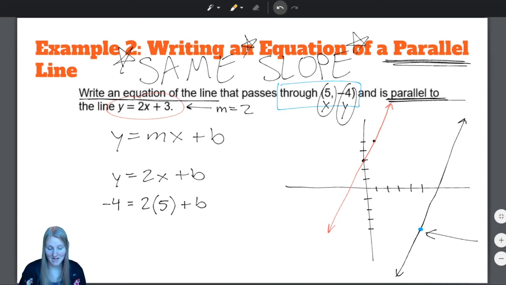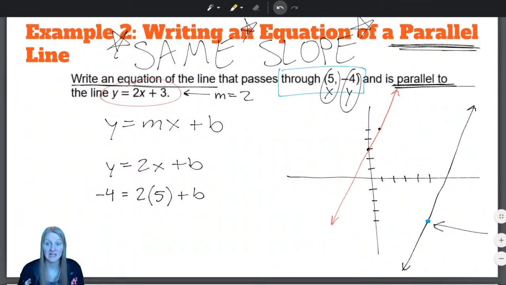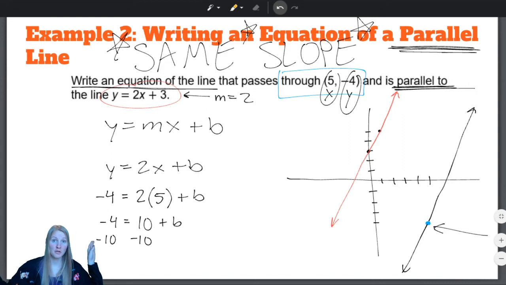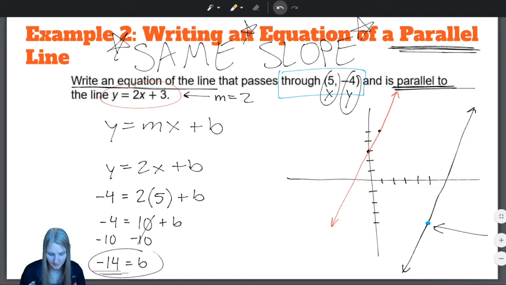Okay, and now we can solve for b. So negative 4 equals 2 times 5, which is 10, plus b. How do I get b by itself? Well, I subtract 10 from both sides of my equation, and negative 4 minus 10 is negative 14.